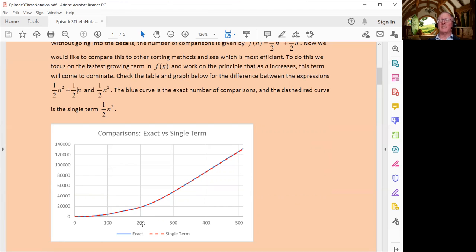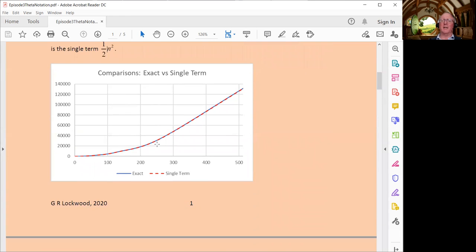But as n gets large-ish, and 500 items is not a very big list, imagine sorting the Beijing telephone book, for example. That would take a lot of comparisons. We're talking about a large number of people. So the term a half n squared describes the whole number of comparisons pretty accurately for large n.